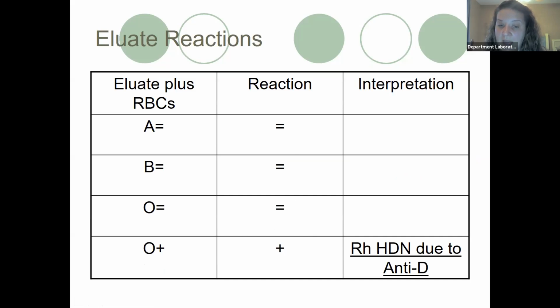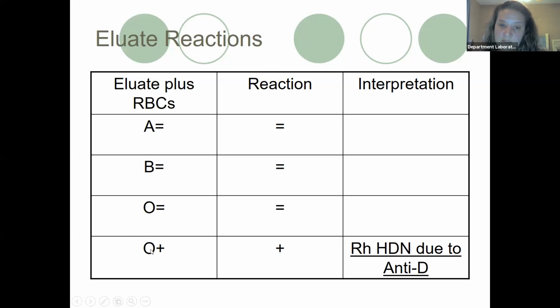That just indicates that the antibody we eluted off baby's cells was reacting with the O positive cells. And because these cells are O positive, they have the D antigen. This would have to be followed up for confirmation, of course, and we'd need to run some more cells. But it is the anti-D reacting with these O positive cells, okay?